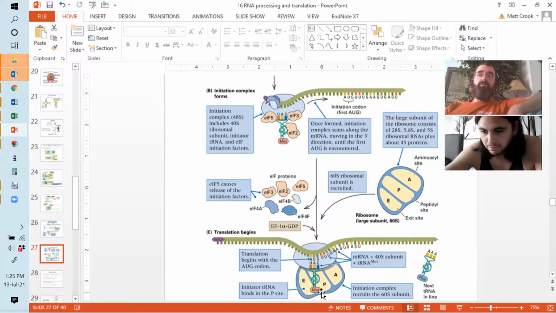So again, in prokaryotes it assembles on top of the start codon, but as we're seeing here with the small subunit first and the methionine tRNA, in eukaryotes that still assembles, but it moves along until the tRNA finds the start codon. As soon as that happens, all these initiation factors leave, and the large subunit gloms down on top of the small subunit.